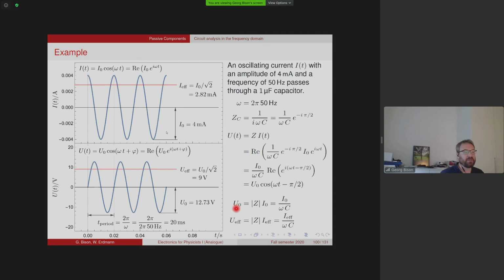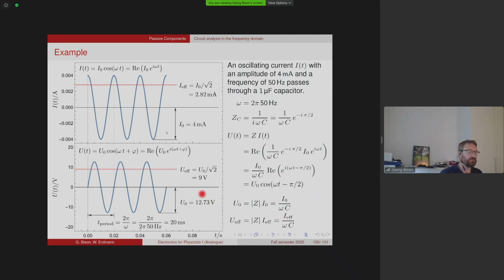We can simply multiply the amplitude of the current with the magnitude of the impedance, and we get the amplitude of the voltage. So in order to go from the 4 milliamps to the 12 volts, we simply multiply the 4 milliamps by, well, we divide through 2 pi 50 hertz and the 1 microfarad.